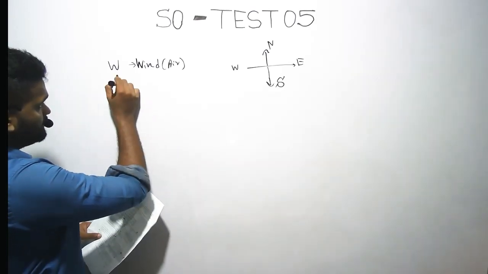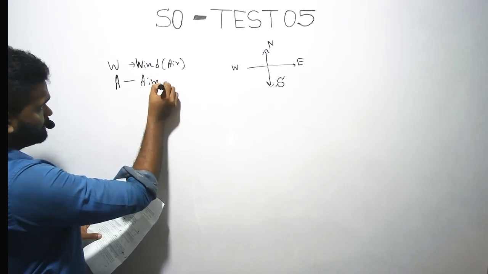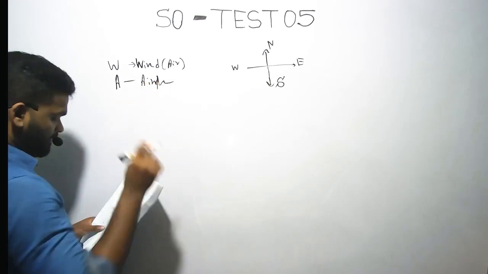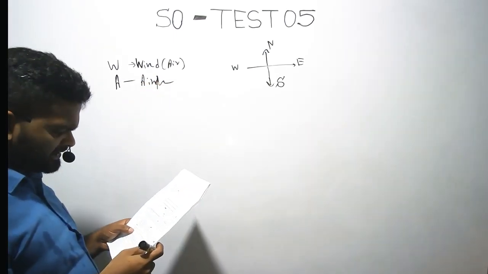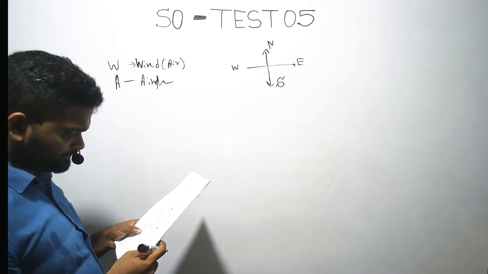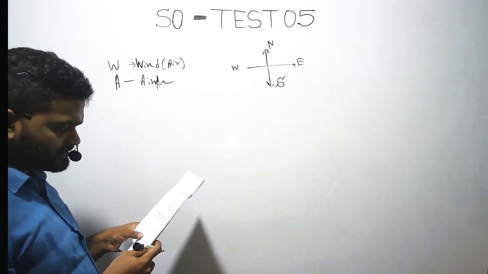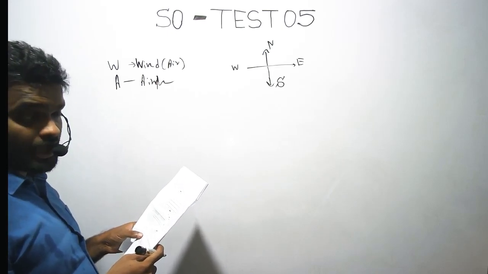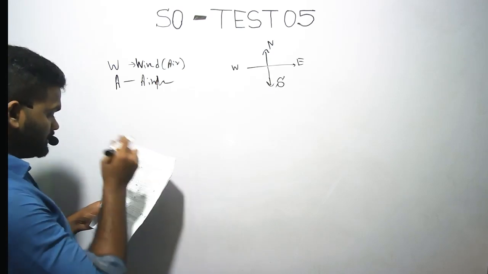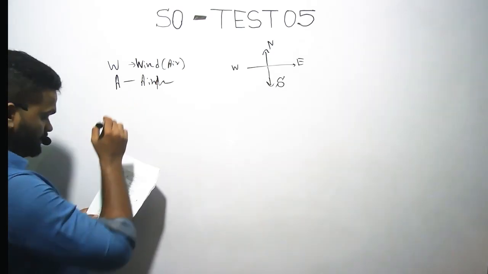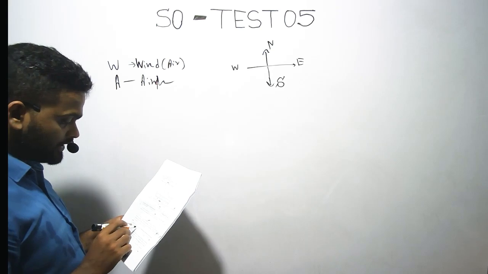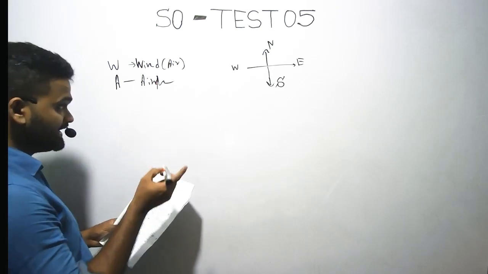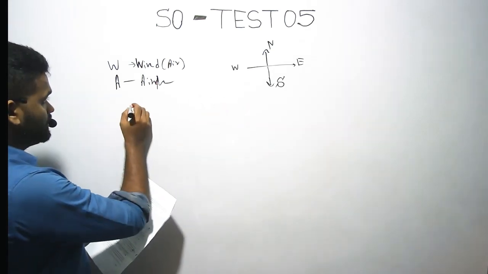So airplane, capital A. Then earth is capital E. Ground speed means the speed of the airplane relative to earth, is what they ask. The airplane flies 300 kilometers per hour east.